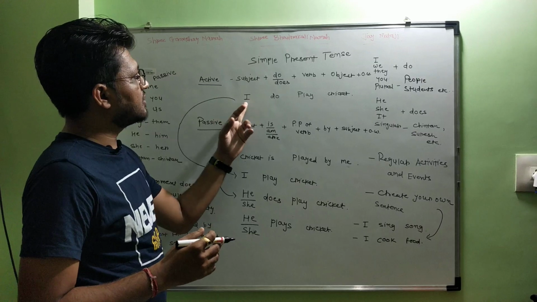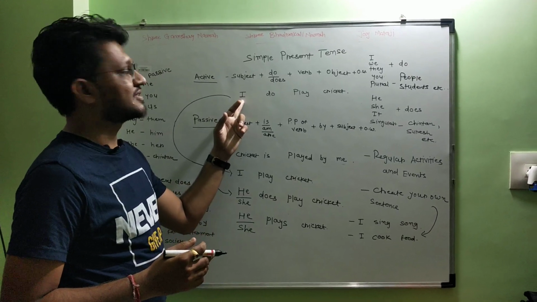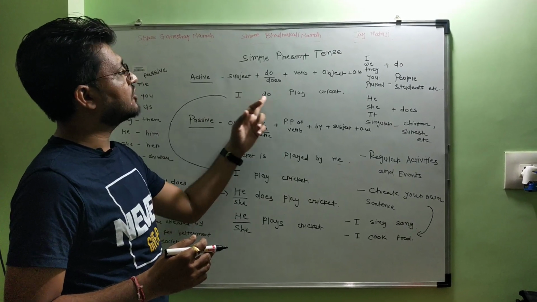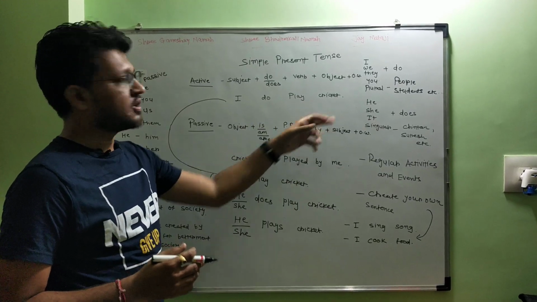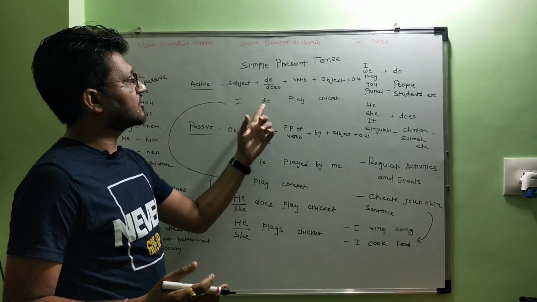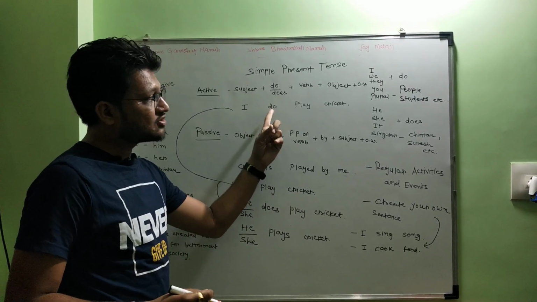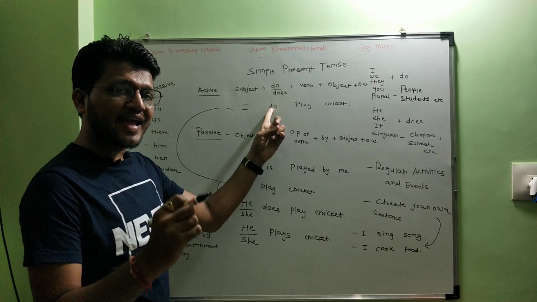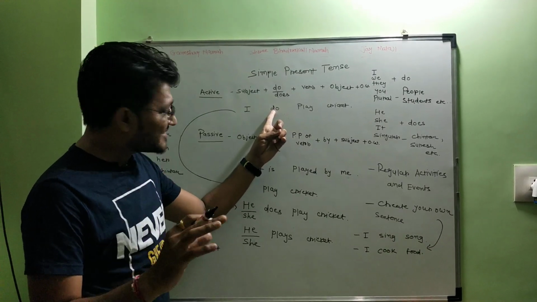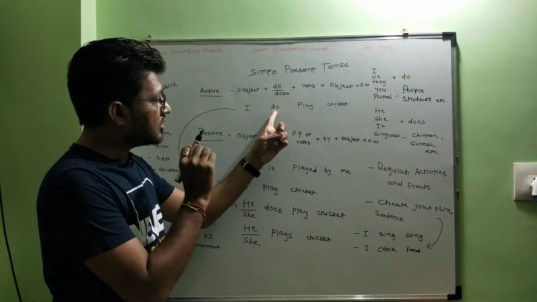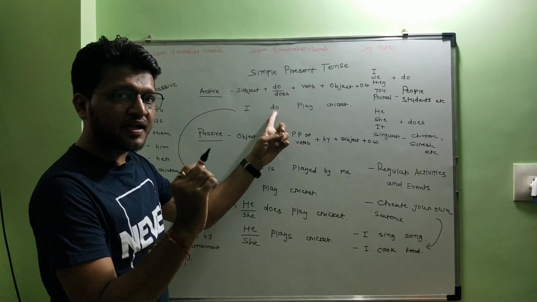Let's think about this sentence: I do play cricket, right? Now ask your mind: does this word do contain any s or es? It means d-o.